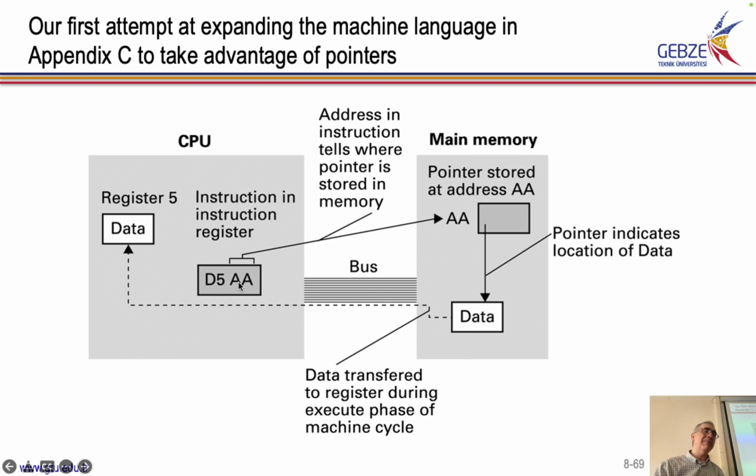In our simple assembler, Viz machine, D5 AA means okay, get the number in AA, but no. AA contains an address that shows the location of data. So this is how a pointer is implemented. Pointer is represented in machine language.